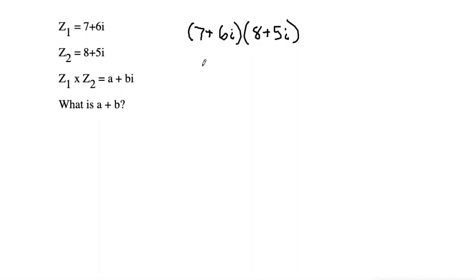So 7 times 8 is 56. 7 times 5i is 35i. 6i times 8 is 48i. And 6i times 5i is 30i squared.